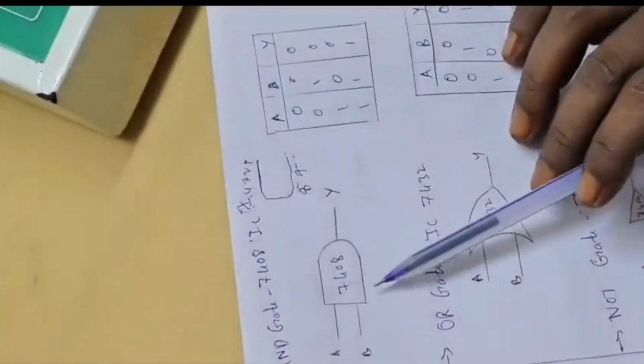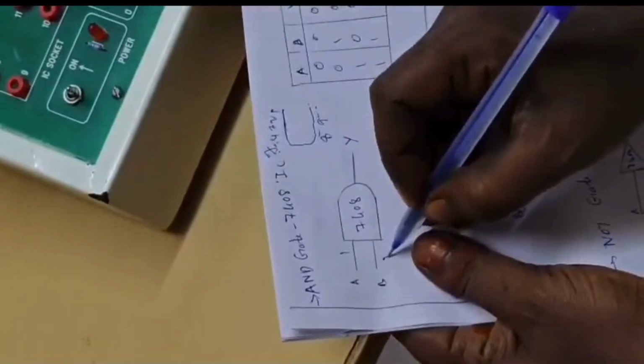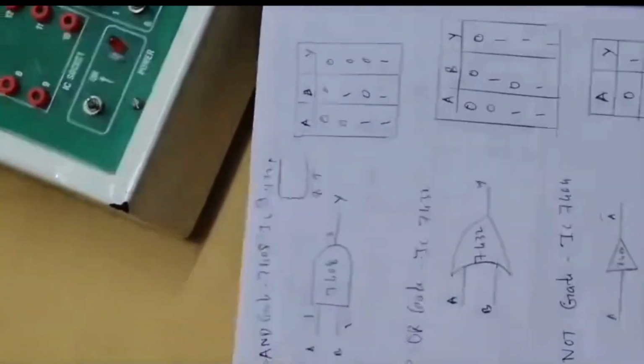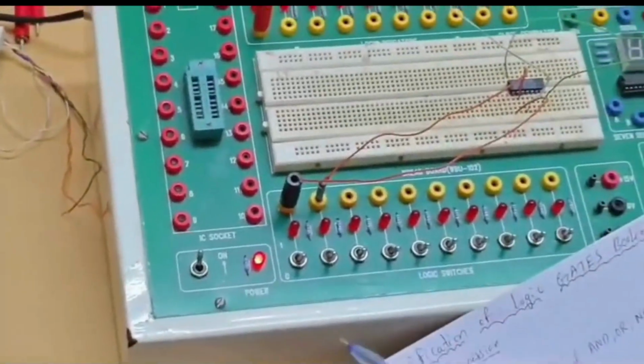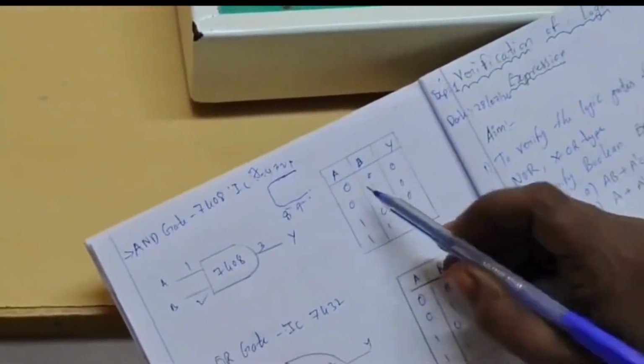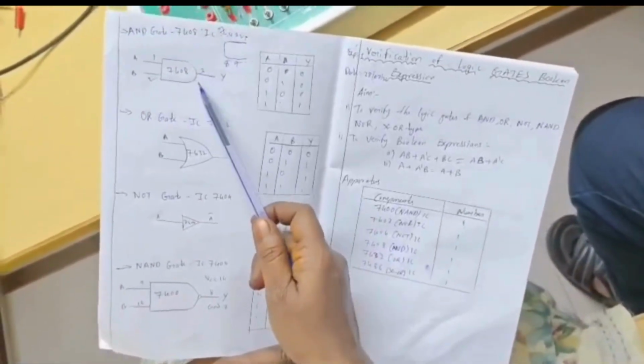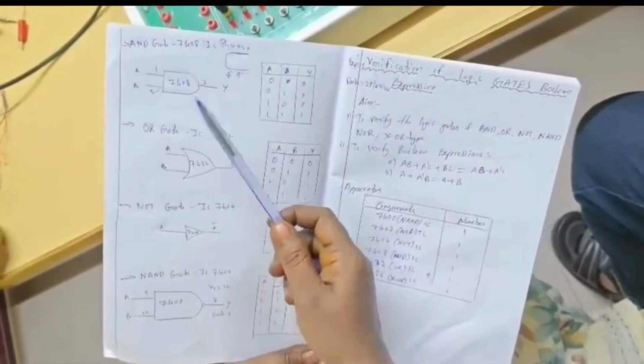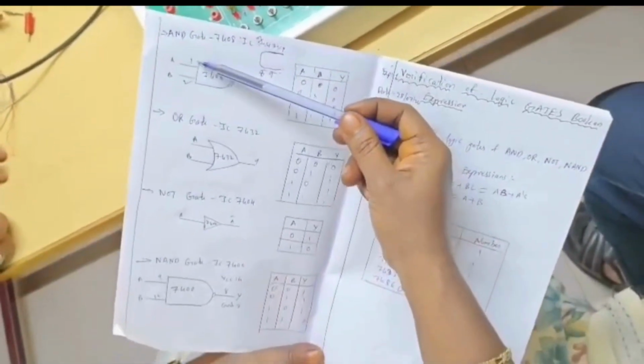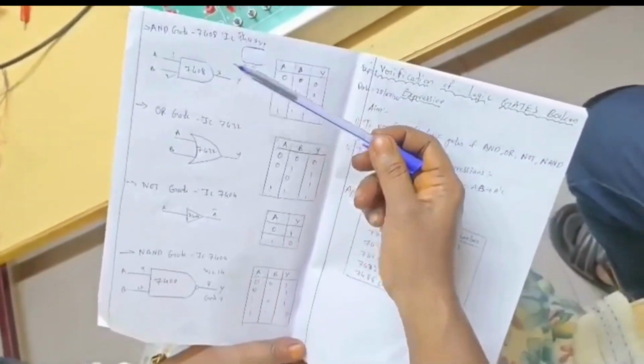We are verifying one AND gate now. For the first AND gate, the pin numbers are 1, 2, 3.